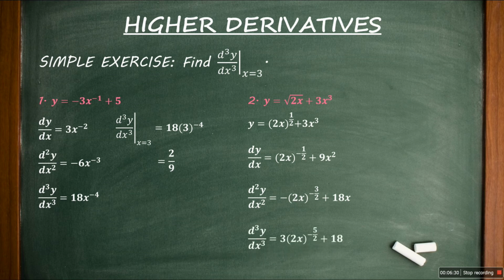And lastly, we will get 3 over 4 x to the power of negative 5 over 2 plus 18 as our third derivative. And for the final answer we substitute 3 into the third derivative, and we will get 18.0340, and we round off to get 18.03. Thank you.